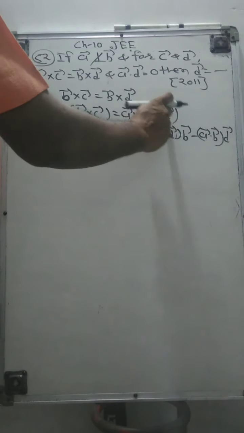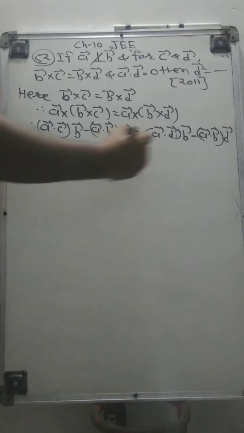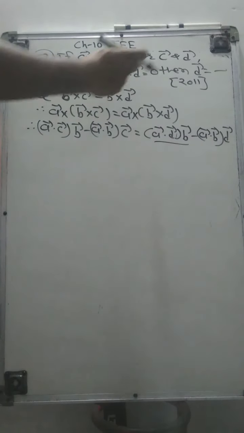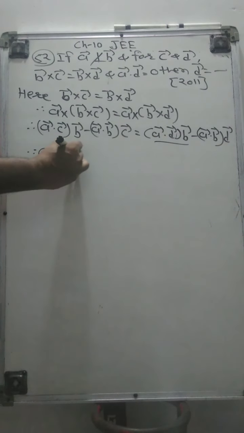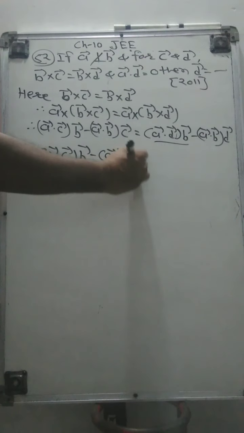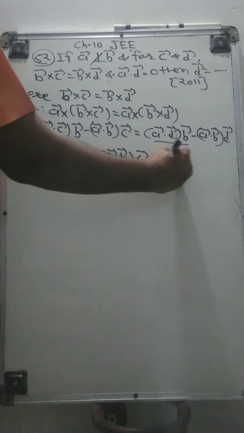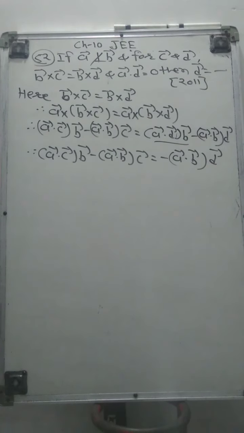Now when you simplify, a dot d is equal to 0, because it is given. So we have a dot c b bar minus a dot b into c bar is equal to minus a dot b into d bar. Okay, so this result is obtained.